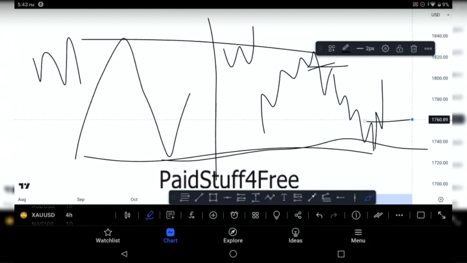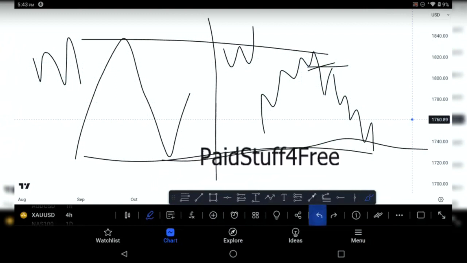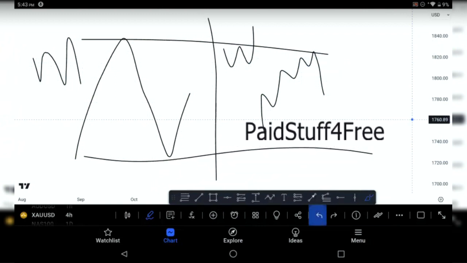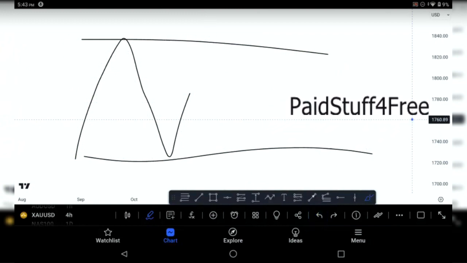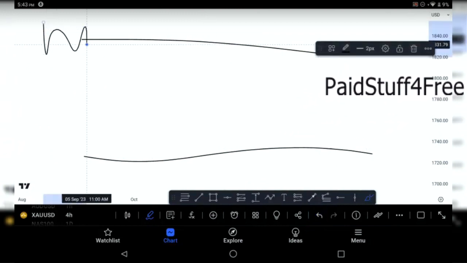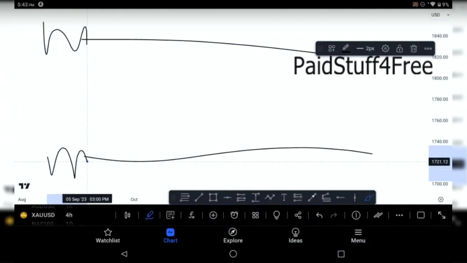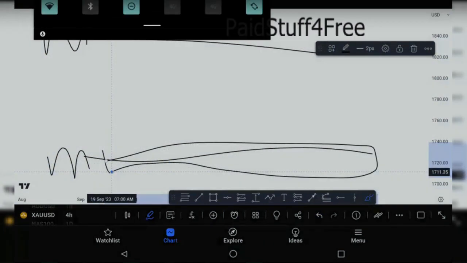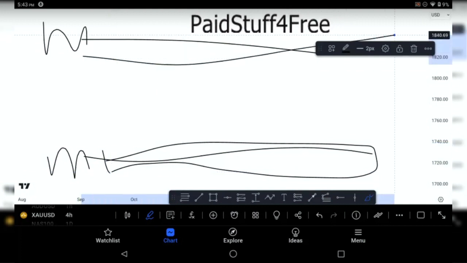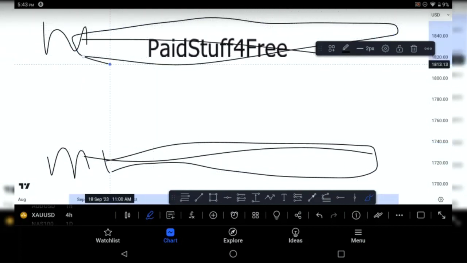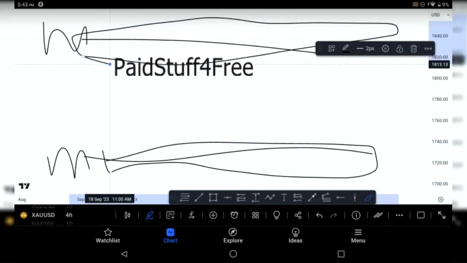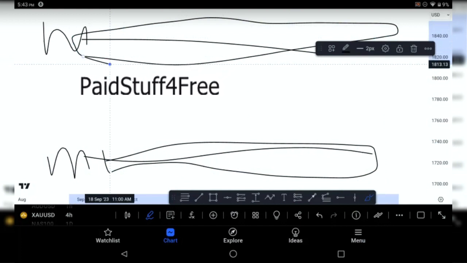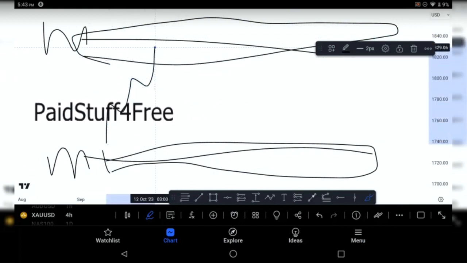What do I mean? This is our monthly sell zone, and this is our monthly buy zone. Let's say this is our box. Definitely, this is how price is going to approach this zone.